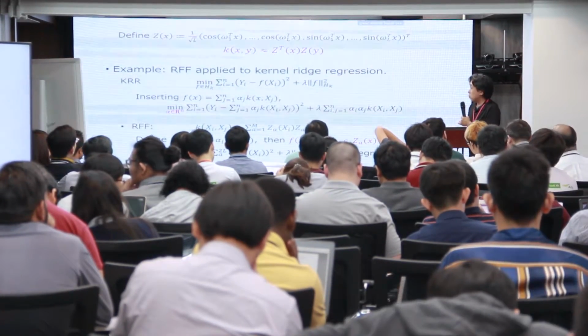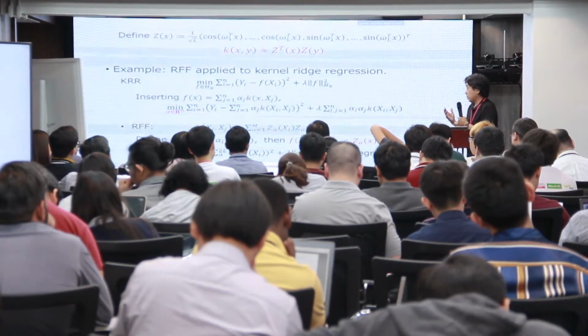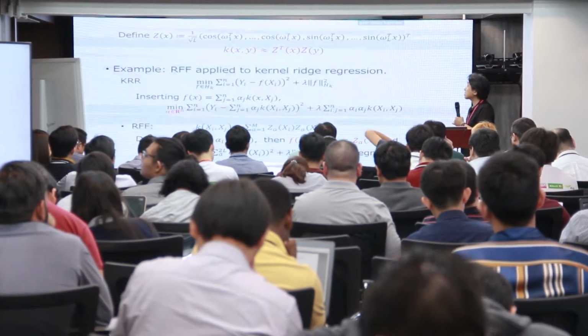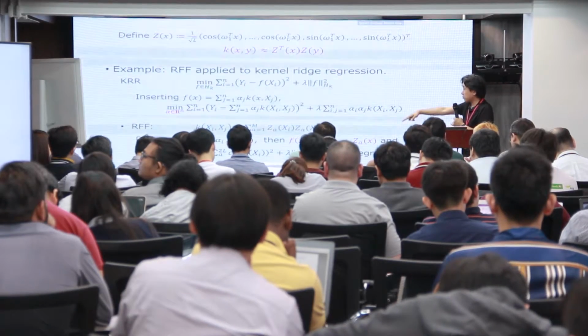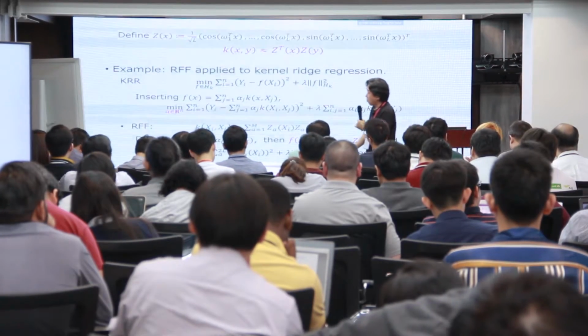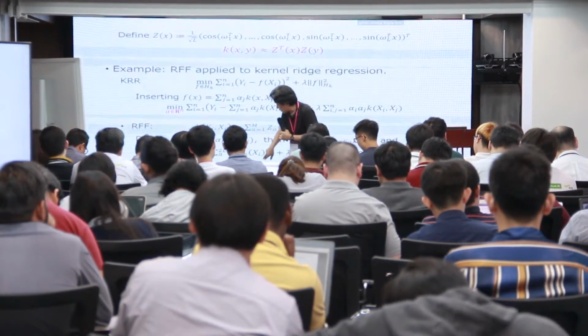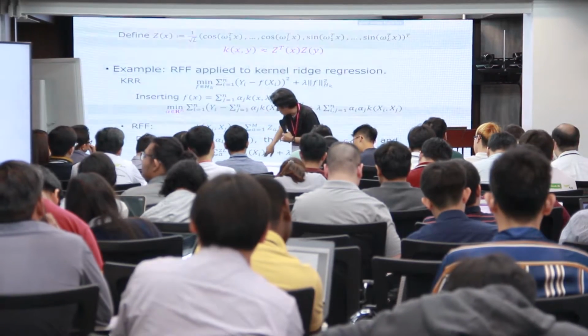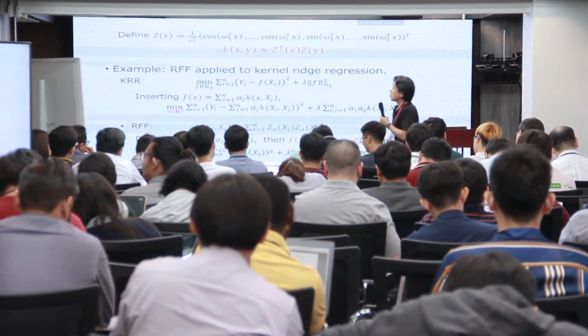So we worked on the feature space in some sense, but this approximation reduced the problem to the more standard nonlinear regression with fixed basis functions given by cosine and sine.